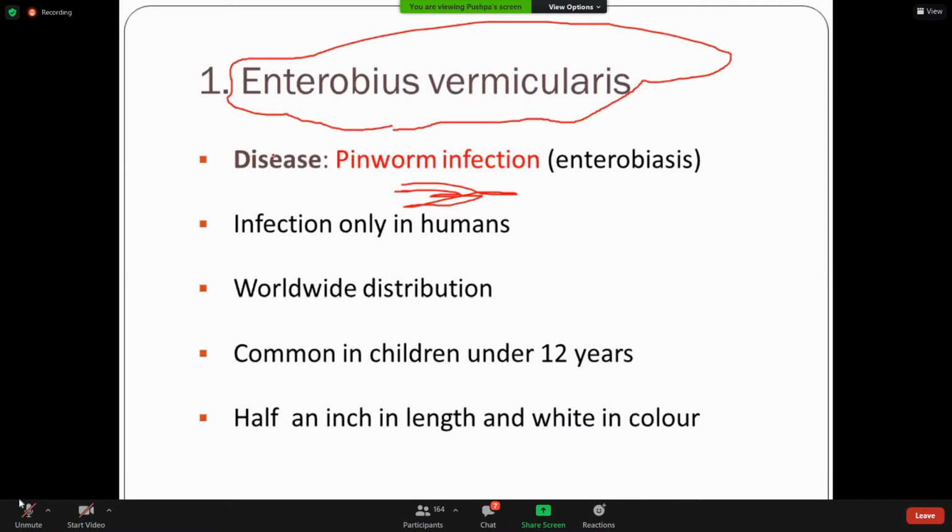The disease is called a pinworm infection. Now the question arises, why do we call it a pinworm infection? Because the size is very small, just like a common pin that is used on paper. In papers we stick this pin.